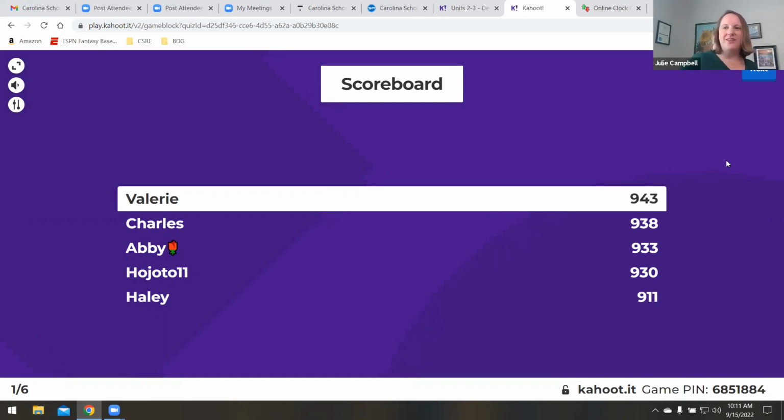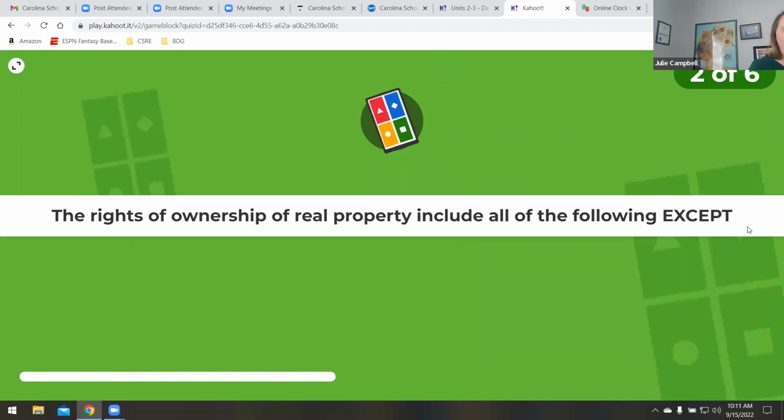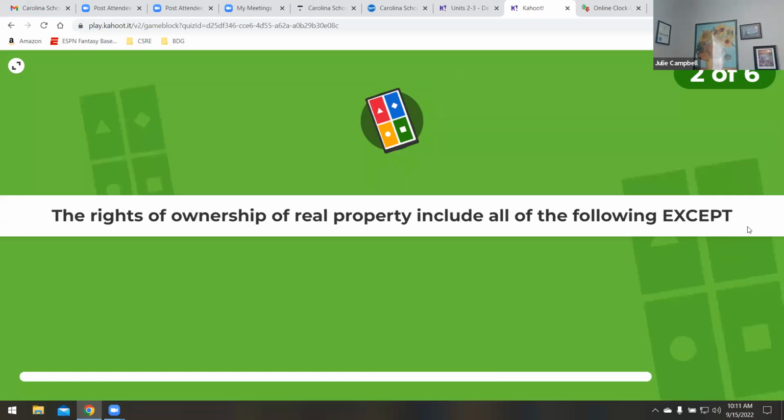All right. Now it's your turn. The rights of ownership of real property include all of the following except.